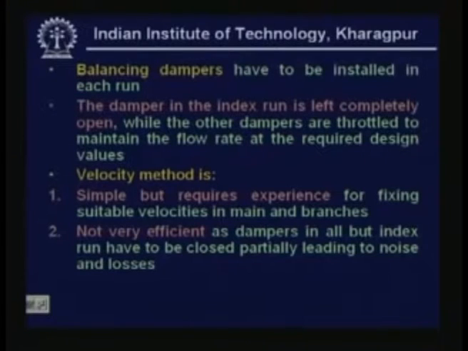Next, this method is not very efficient because the dampers in all but the index run have to be closed partially, leading to noise and losses. As I have explained, we use dampers in all the runs, and the damper in the index run is completely kept open, whereas in the other runs, we close the damper so as to introduce additional resistance.